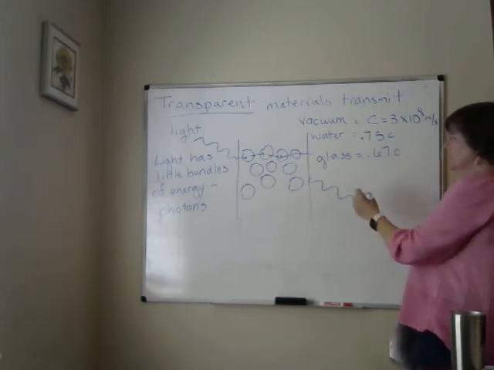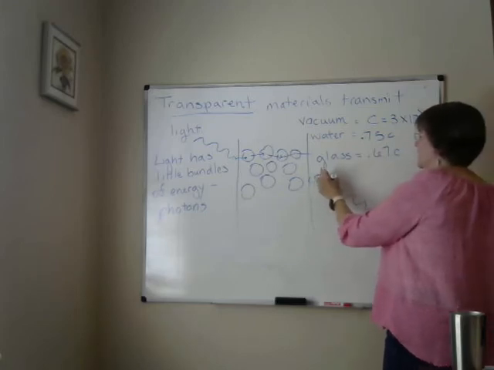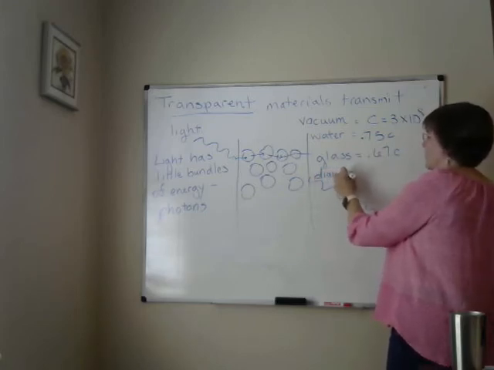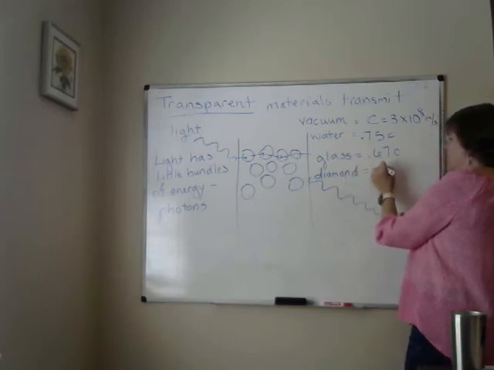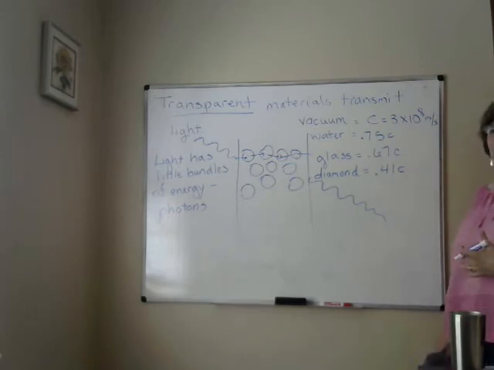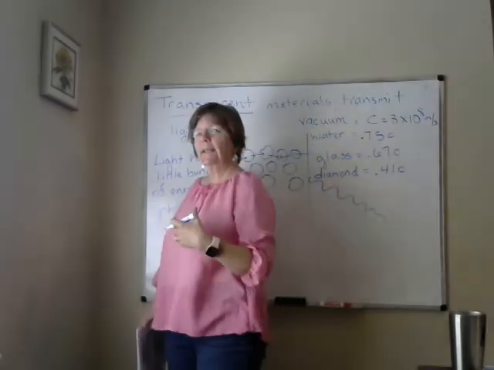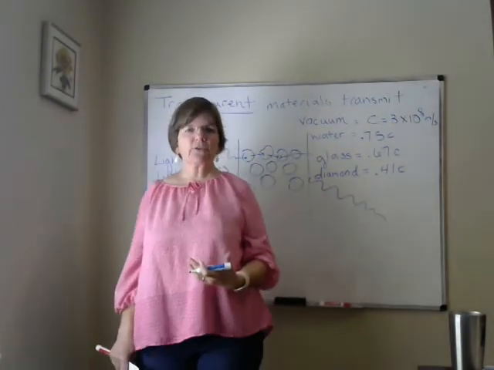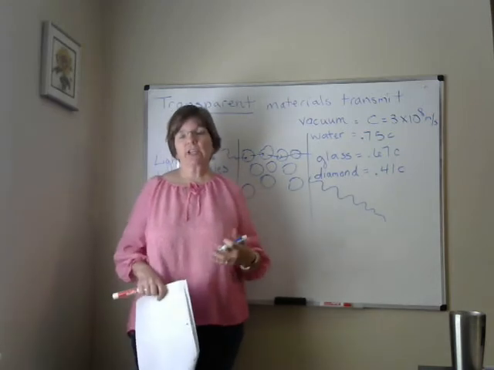And finally, if you get to something very, very dense, a diamond is very dense, one of the hardest known transparent things. It slows down to like 0.41 c, so less than half of the speed of light in a vacuum. Okay. So light travels through transparent materials, but when it travels through them, the speed changes.